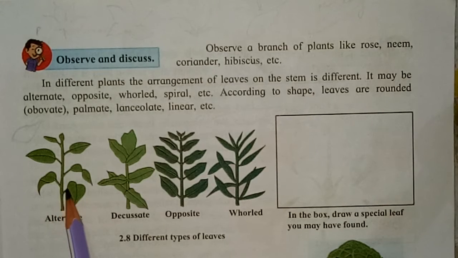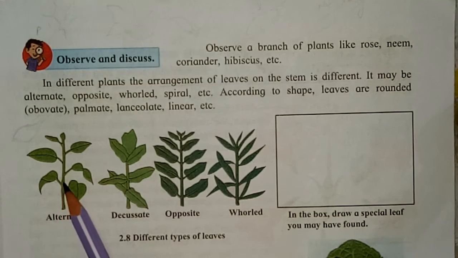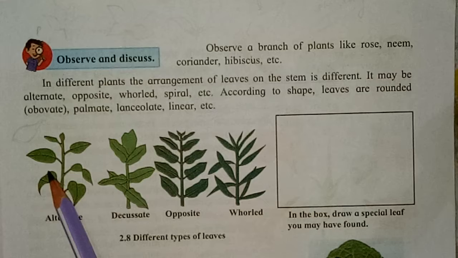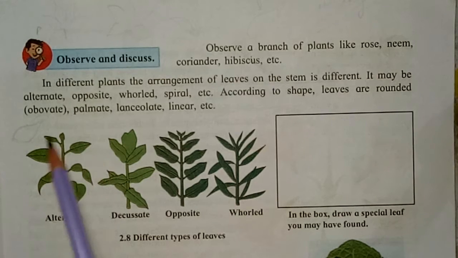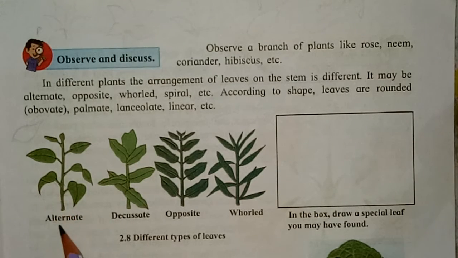Here one leaf is present on one node only. From one node only one leaf is coming out. Here only one leaf is there, here no leaf is there. This leaf grows from here, leaving some space, so this is called alternate arrangement of leaves.